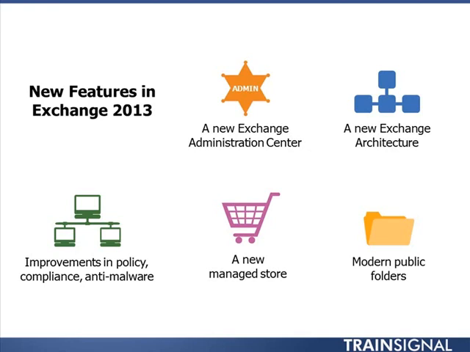In addition, we have a new Exchange architecture. You recall with Exchange 2007 and 2010, I had mentioned earlier that these were broken down into 5 server roles, and that was mainly to address performance issues like CPU performance, which would suffer when Exchange was running as one monolithic application.